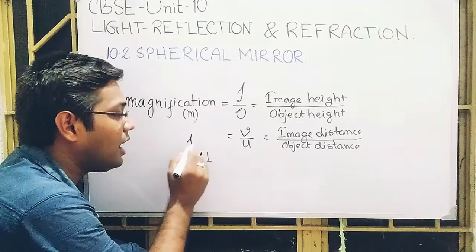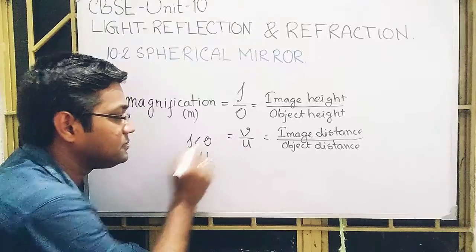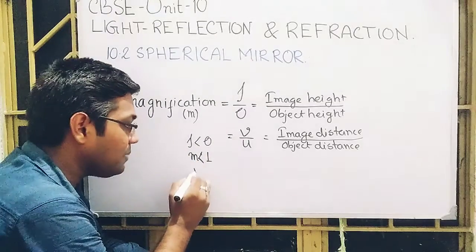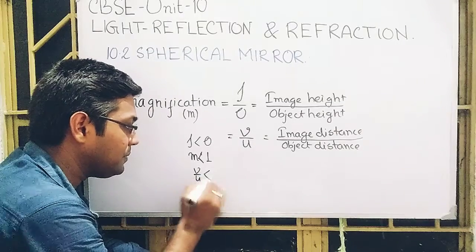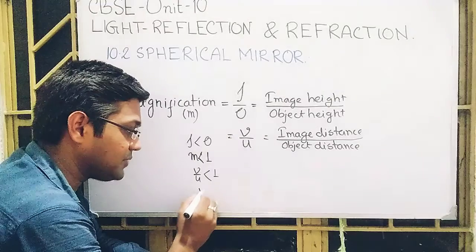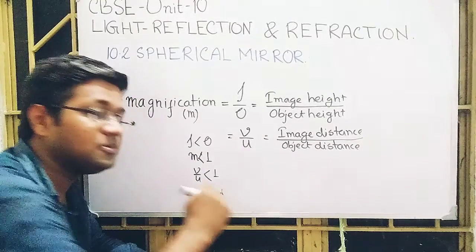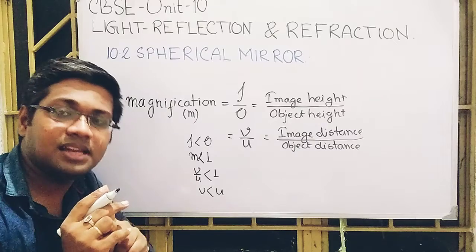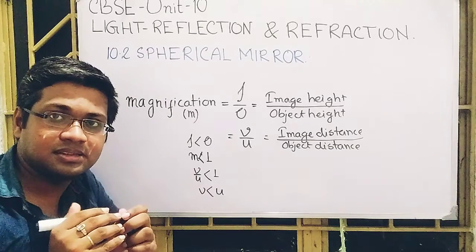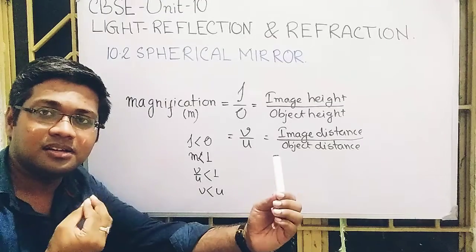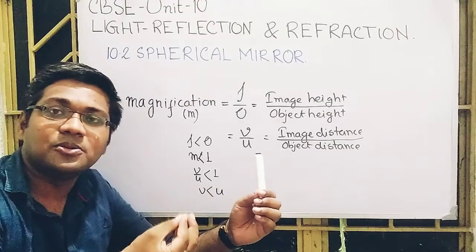Because I is less than O, so I by O is less than 1. M is V by U, so it is also less than 1. That is, V is less than U. The image distance is less than the object distance. So the object is at a greater distance from the mirror, but the image is closer.